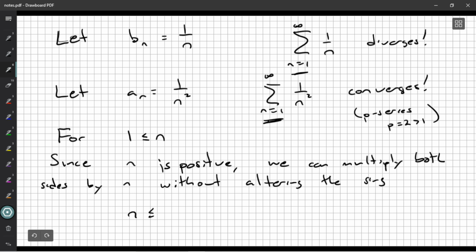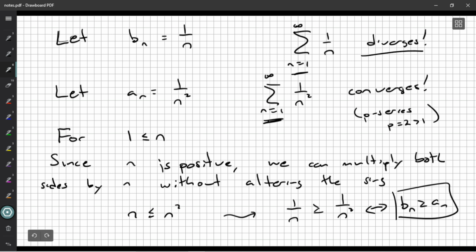So we get n is less than or equal to n squared. And when you take reciprocals of things of the same sign, things that are both positive or both negative, the inequality switches around. But this is exactly what we want to show, that the BNs are greater than or equal to the ANs. So that is the last thing.